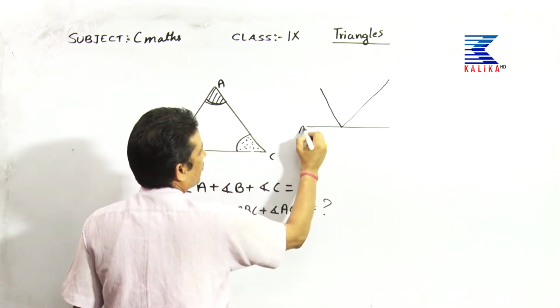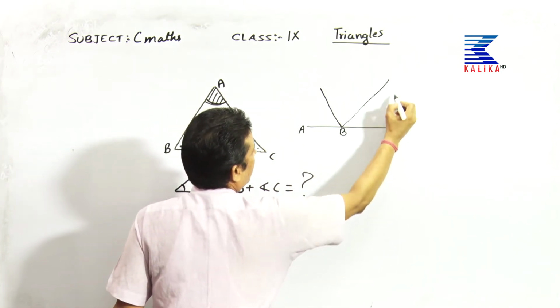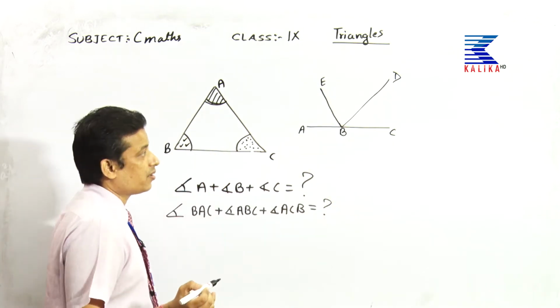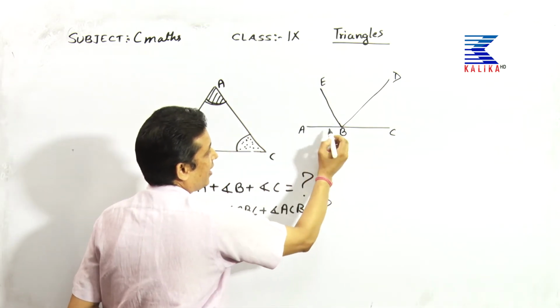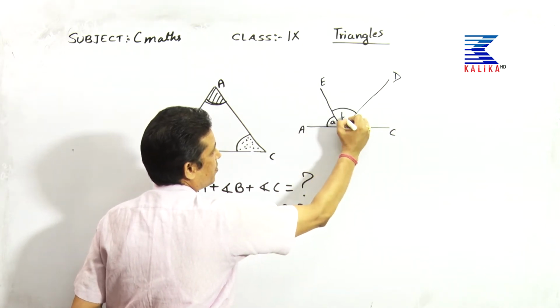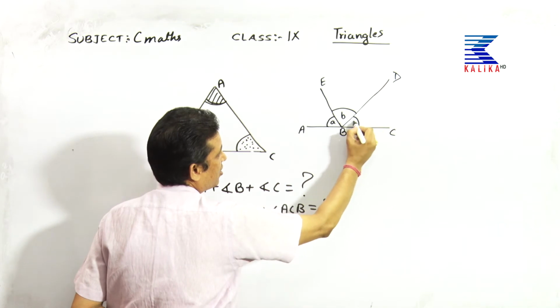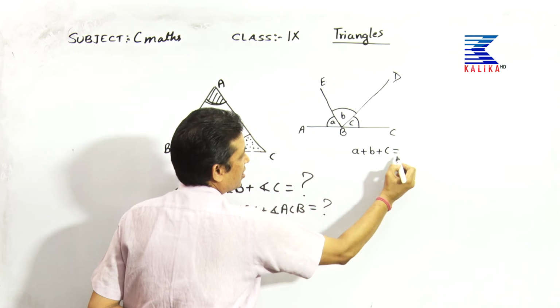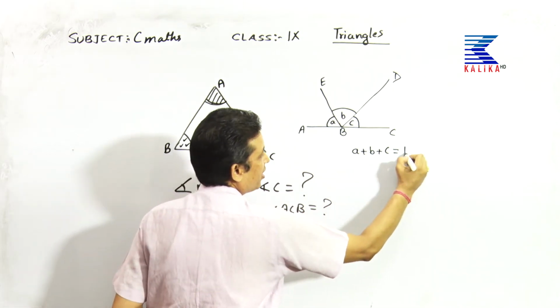Look, A, B, C, D, E. At first, dear student, you should remember that let us suppose this angle is A, this angle is B and this angle is C. Here A plus B plus C equals how much? Do you know? 180 degree.